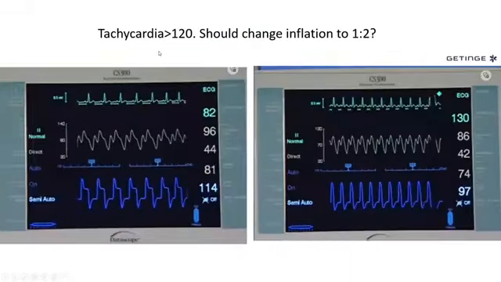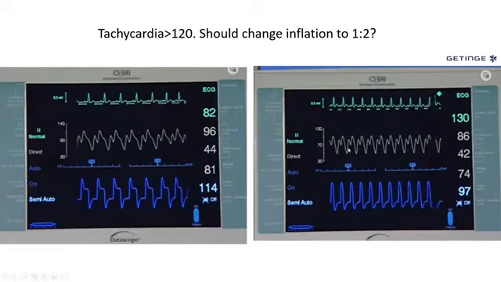This brings that common question. If you're tachycardic over 120, should you change your inflation to 1 to 2? So this is a patient, he's gone from a rate of 80 to 130. And you can see his waveform: this is his systolic pressure, and this is the augmented pressure.